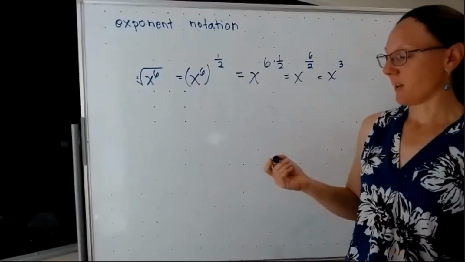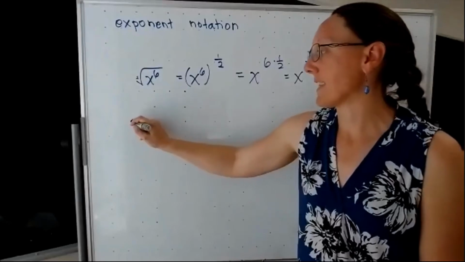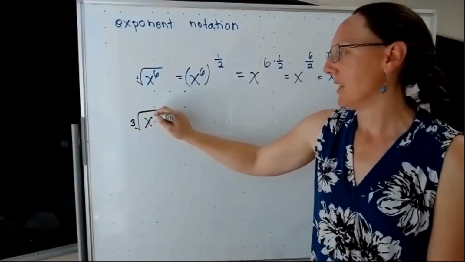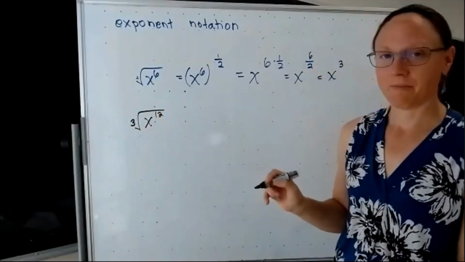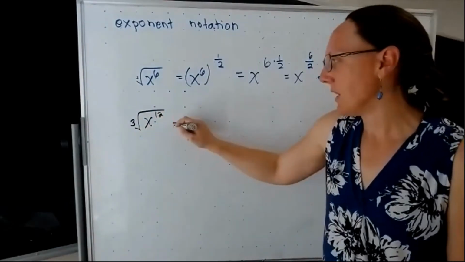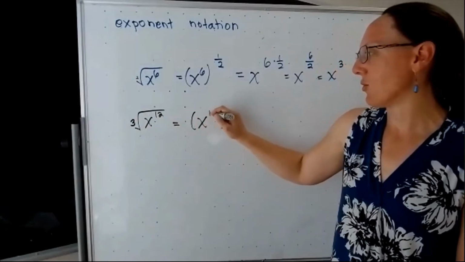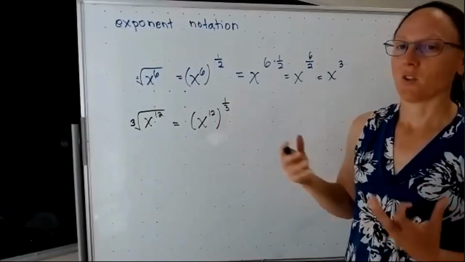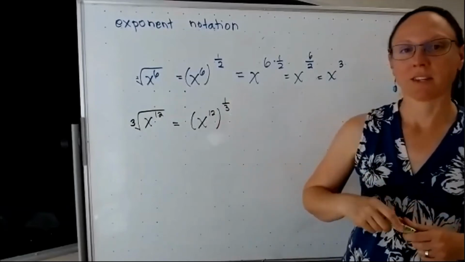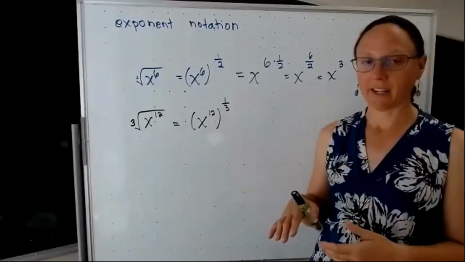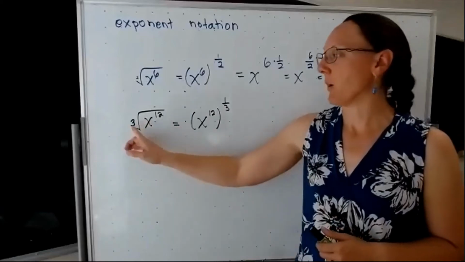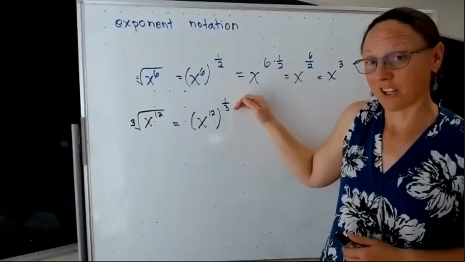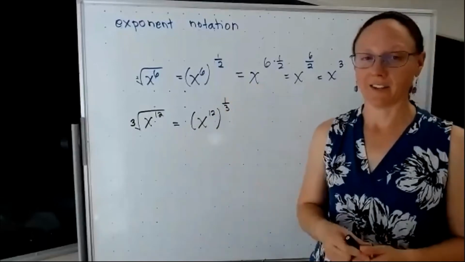So the other thing is, we're talking fraction exponents. If I said the cube root of x to the 12th, this means that I've got x to the 12th raised to the 1/3 power. So that same idea with the fraction exponents, when we rewrite it into the exponent notation, whatever the root is, it becomes a fraction when we move that into the exponent.